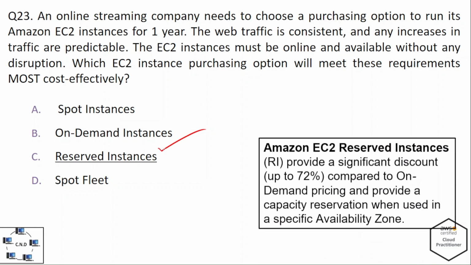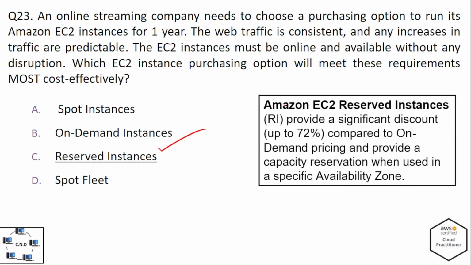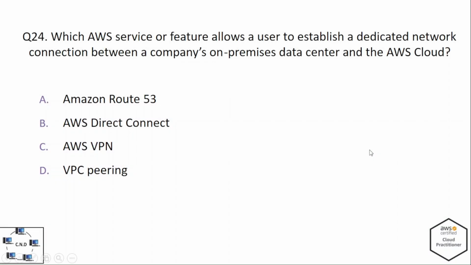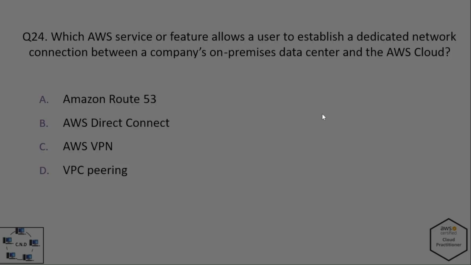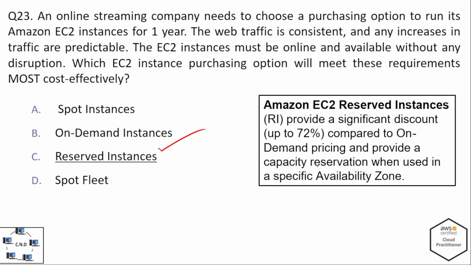So you can reserve your instances as per the requirements. Amazon EC2 Reserved Instances provide a significant discount of up to 72% compared to On-Demand pricing and provide a capacity reservation when used in a specific availability zone.